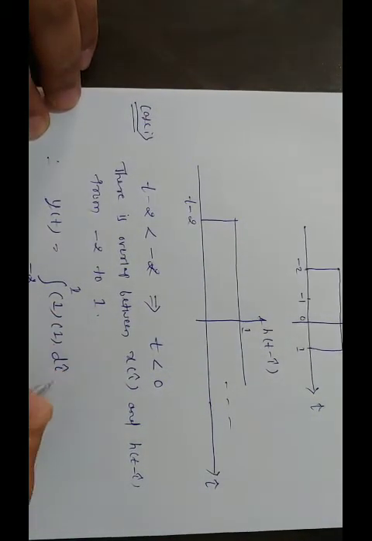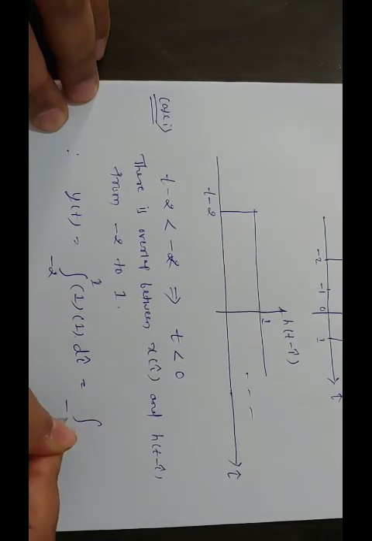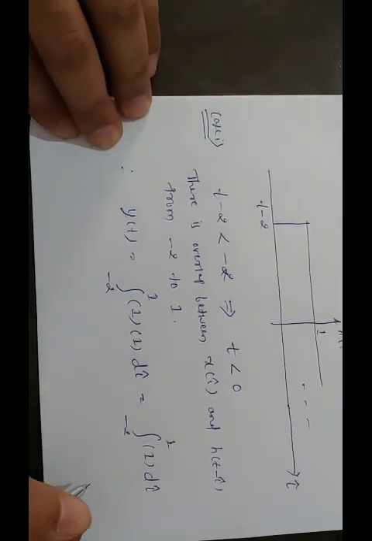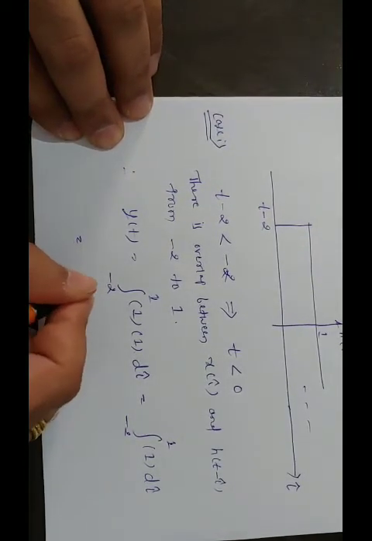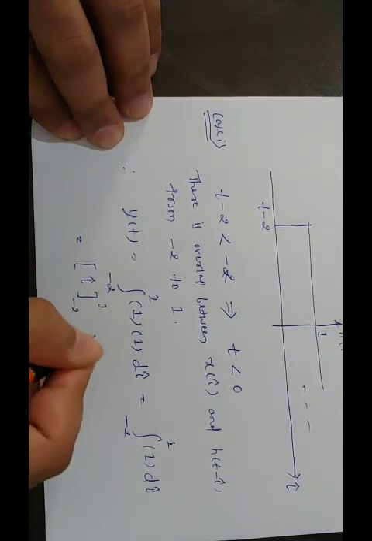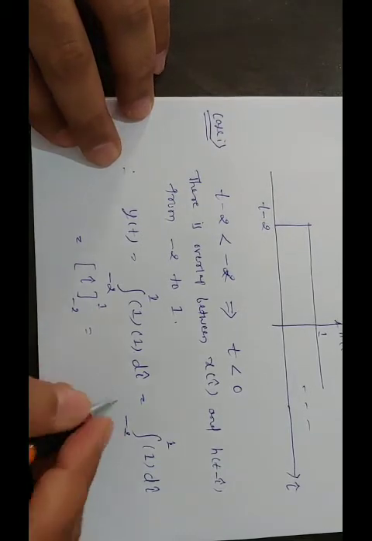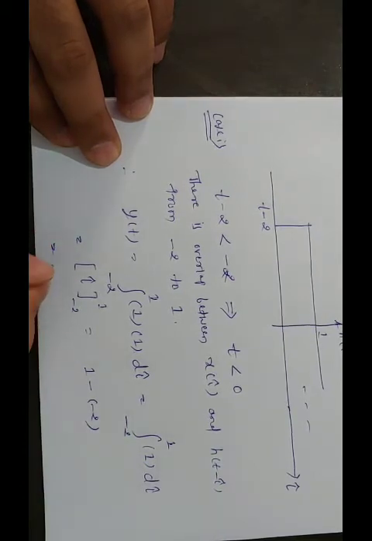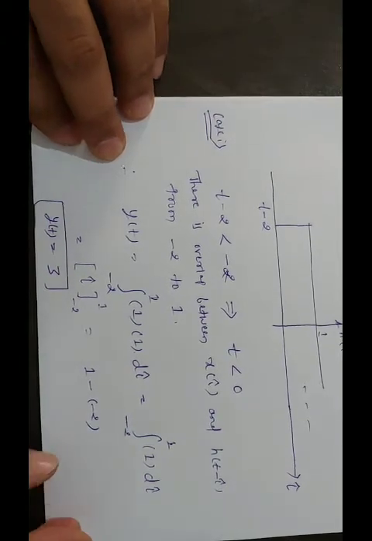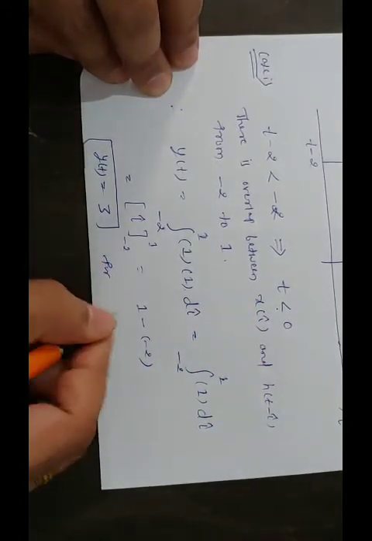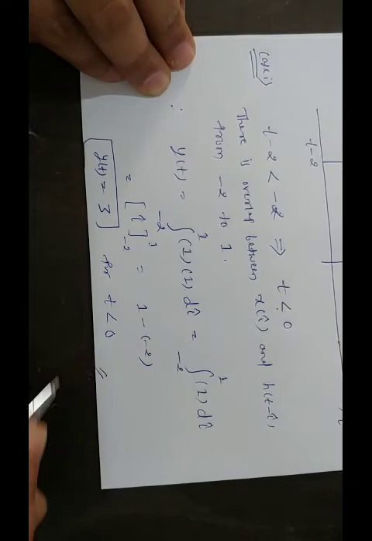So with respect to d tau, I get the integral from minus 2 to 1 of 1 times 1 d tau, which equals tau evaluated from minus 2 to 1, which is 1 minus of minus 2, equal to 3. So y of t equals 3 is the answer for the range t less than 0. This I have obtained.